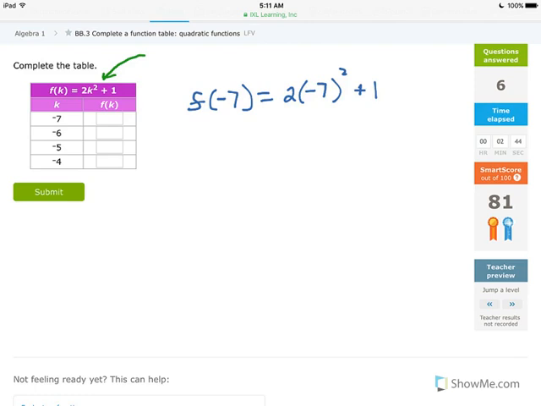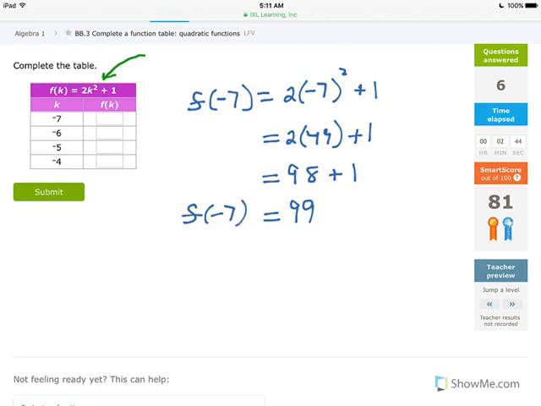And 49 times 2 should get you 98, plus 1 more is 99. So f of negative 7 is 99.